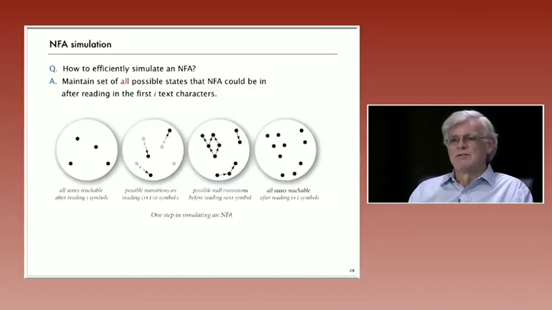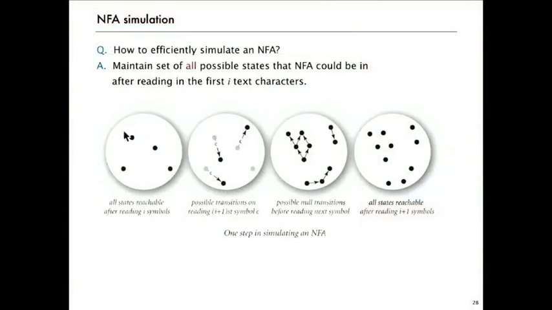What we're going to do is, at every step, each text character that the machine does read, we're going to keep track of the set of all possible states where the NFA could be after reading in the i text characters. So say we've done that. This is just a schematic. There's a bunch of states that we could get to after reading i characters.